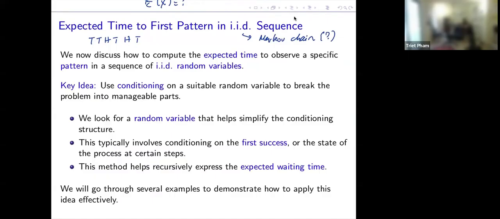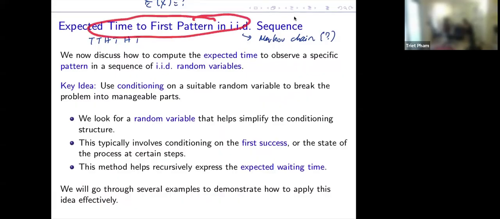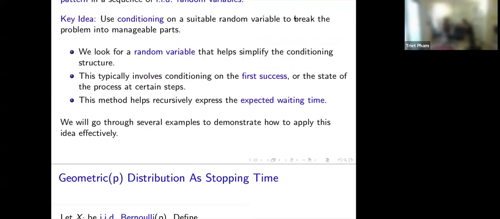But once we work out the expectation and variance, it really is a first, easy example for this kind of set of problems where you find the first time to a pattern.